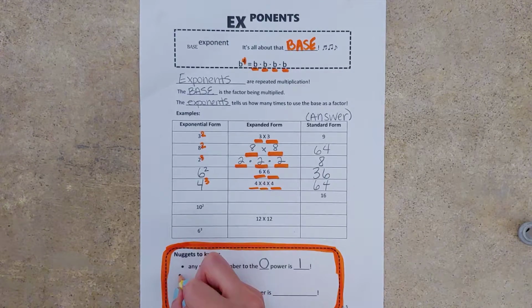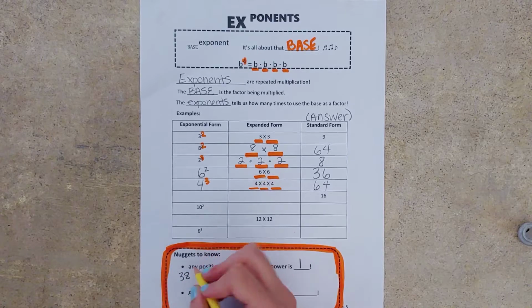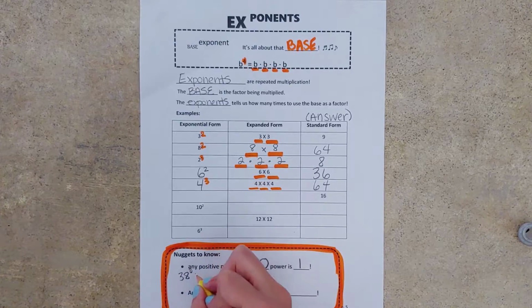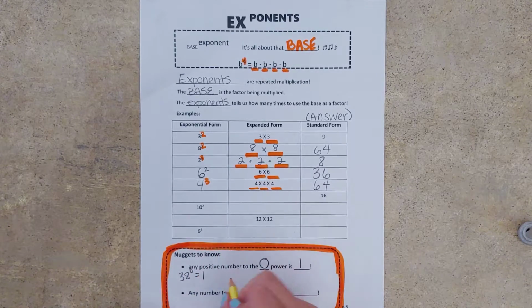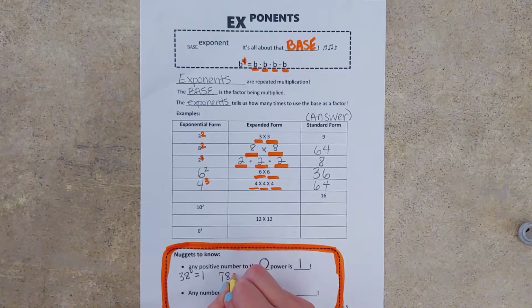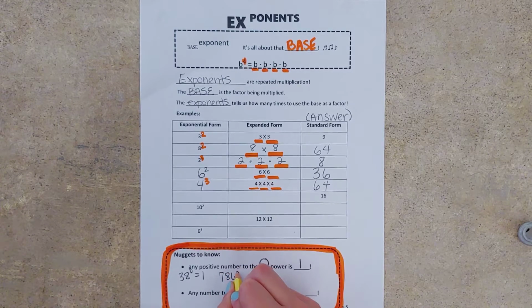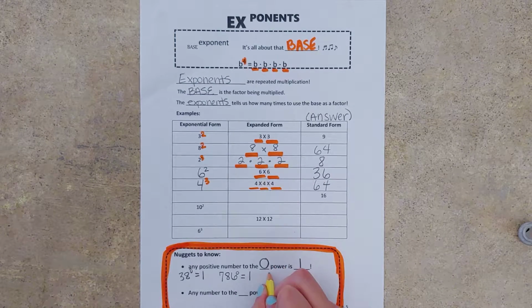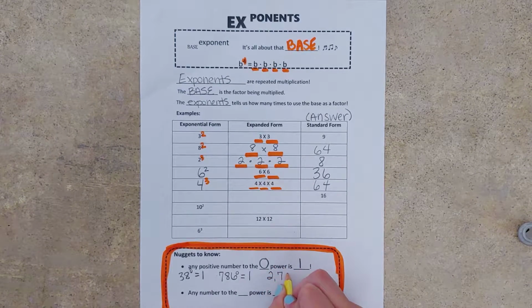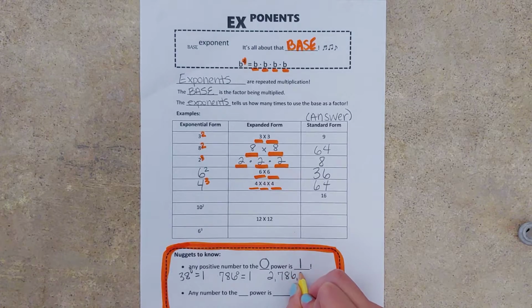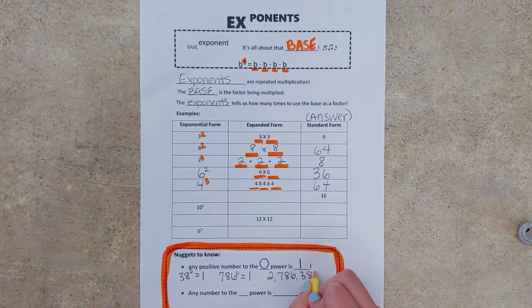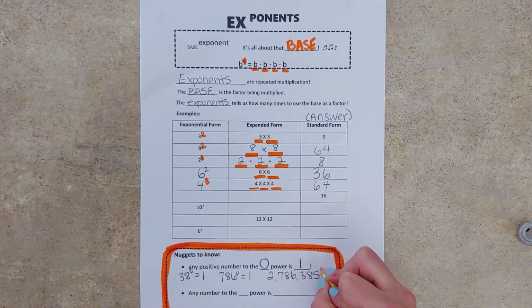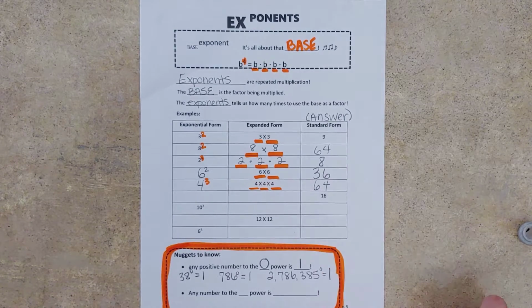That means something like 38 to the 0 power equals 1. 786 to the 0 power equals 1. 2,786,385 to the 0 power is 1.